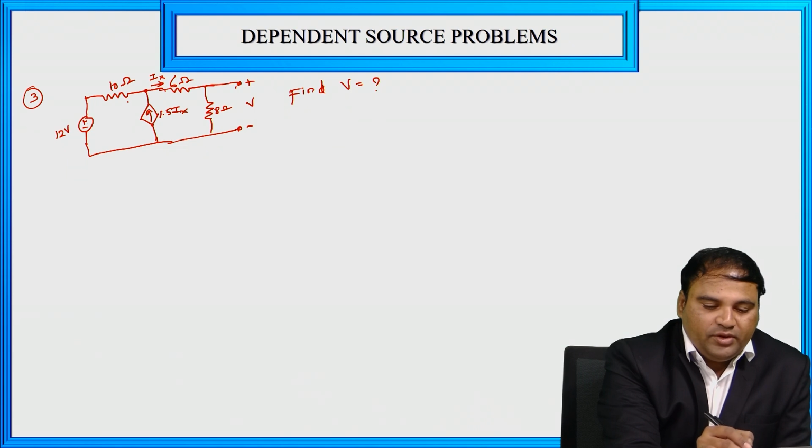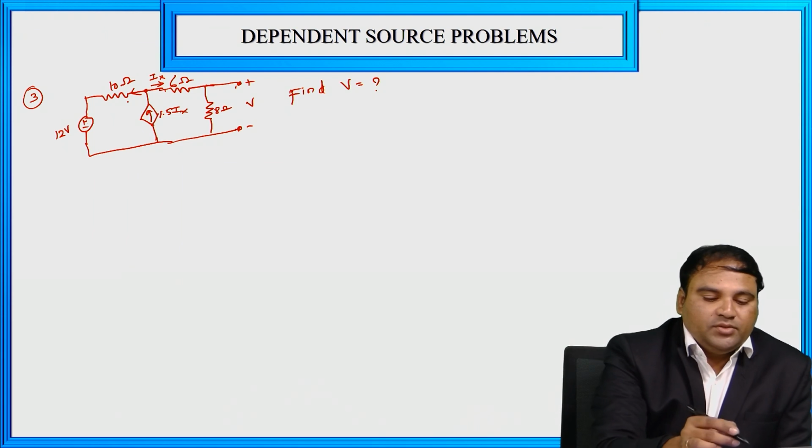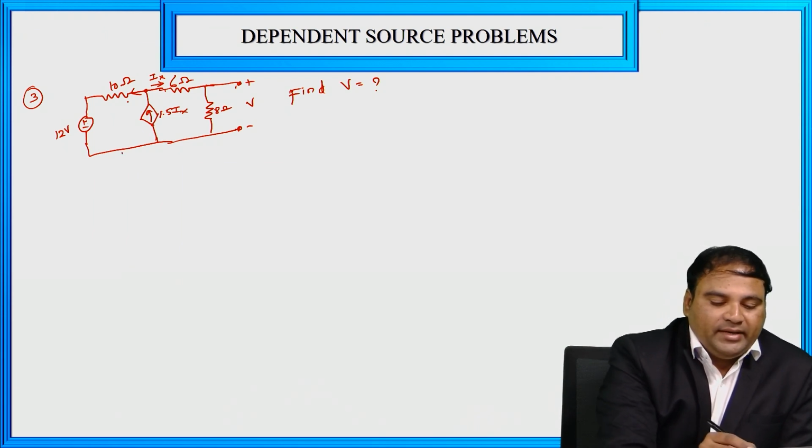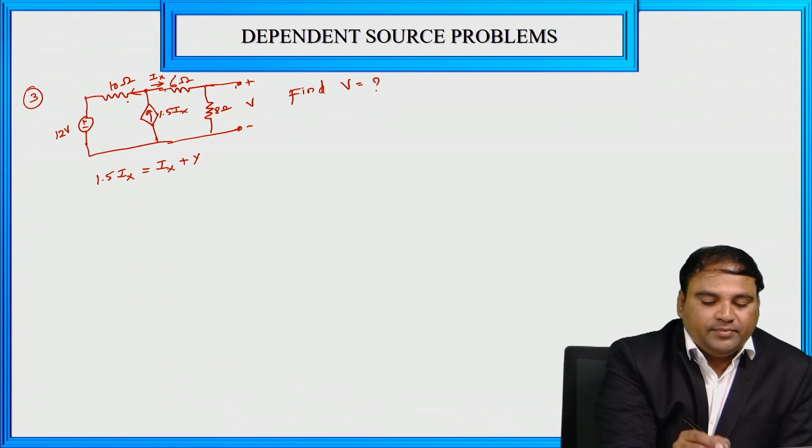So current is going like this, here current is splitting like this, okay? So now incoming current is 1.5 Ix equal to outgoing currents are Ix plus some Y value.